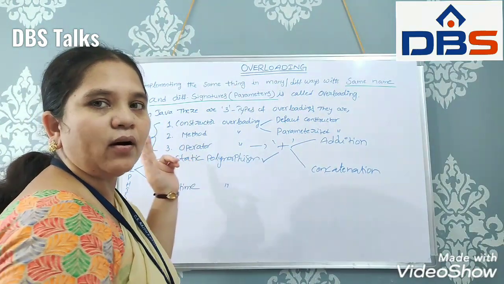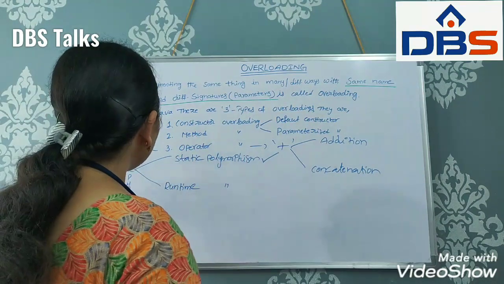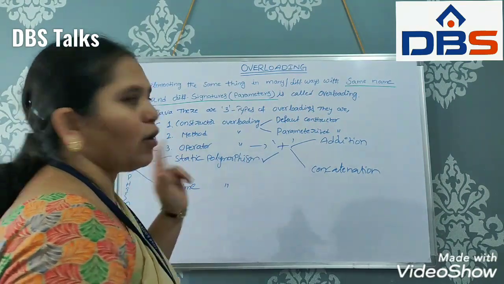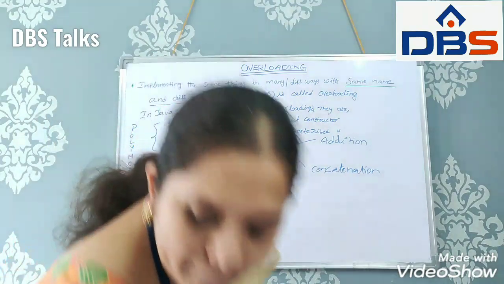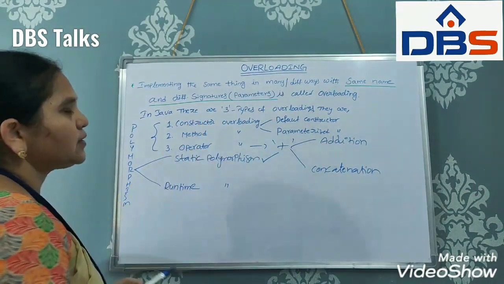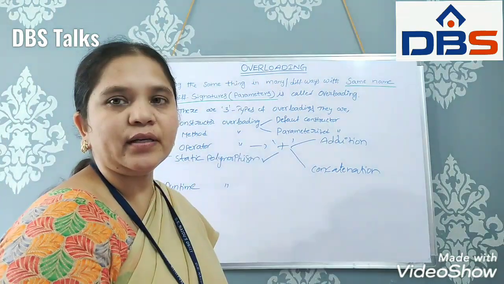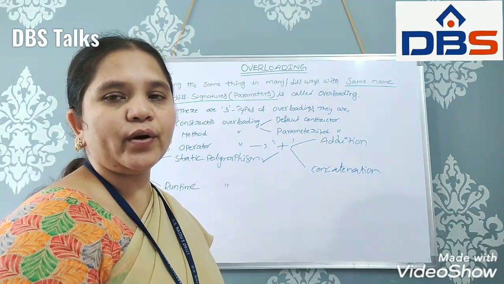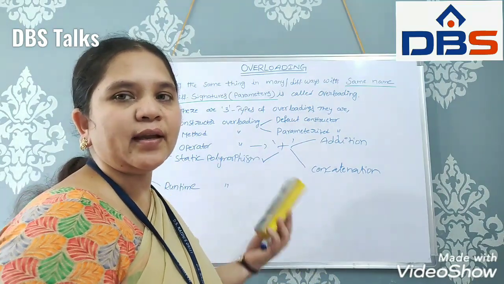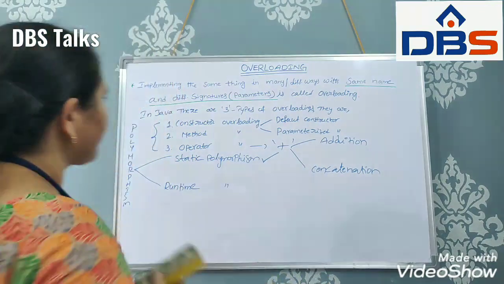That's why all these together are called polymorphism, that is static polymorphism. In the previous lecture, I already explained constructor overloading. Now I am going to explain the second type, that is method overloading.